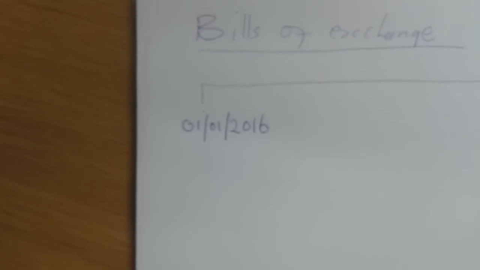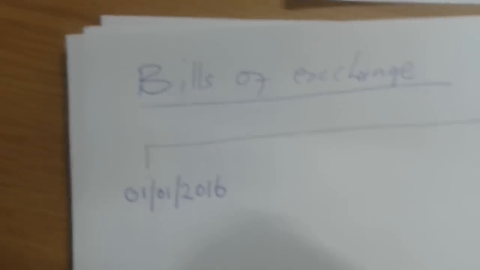Okay. And then when is the bill due? Now the bill is due 30 days from the date it is drawn. Now 1 January plus 30 obviously gives us 31 January, right, 31 January 2016.